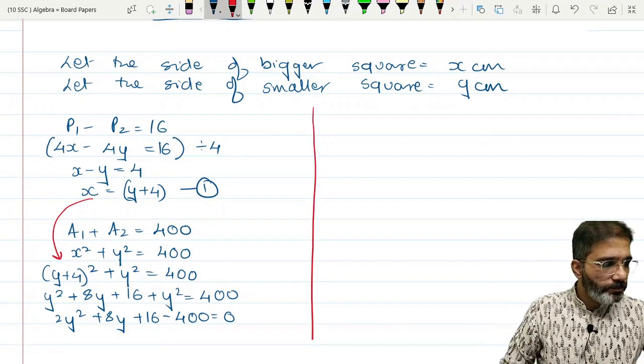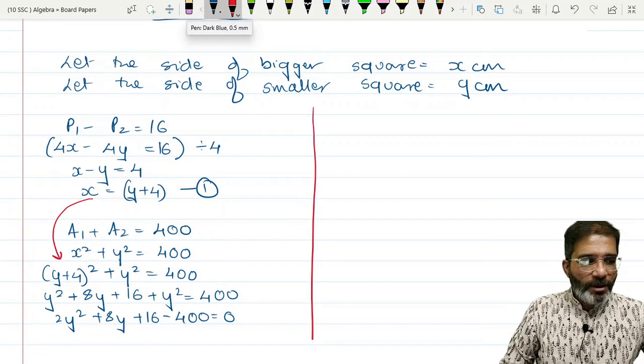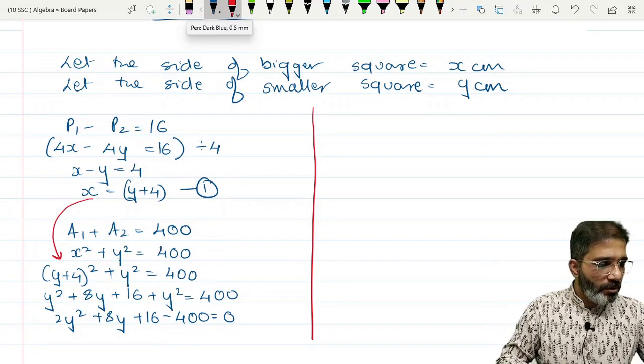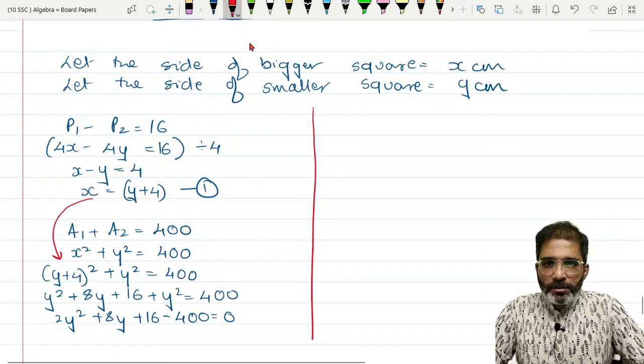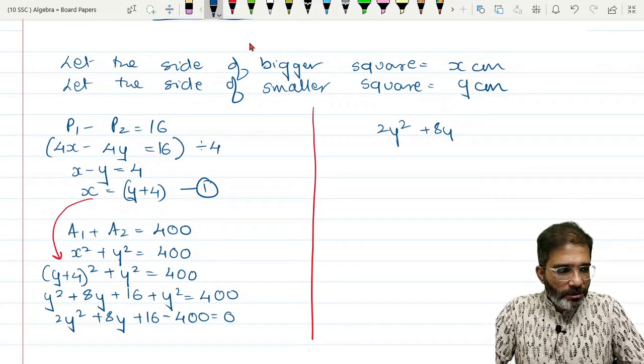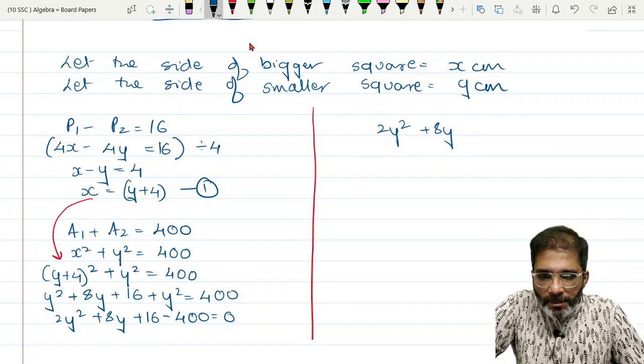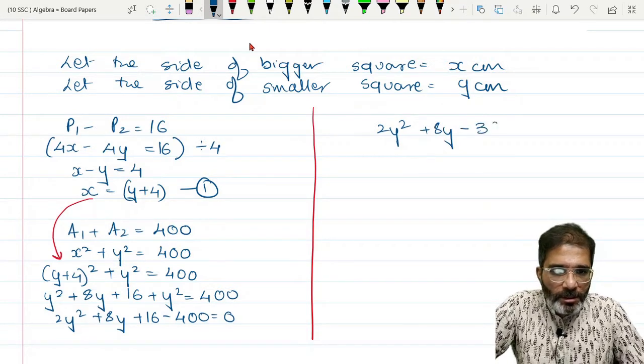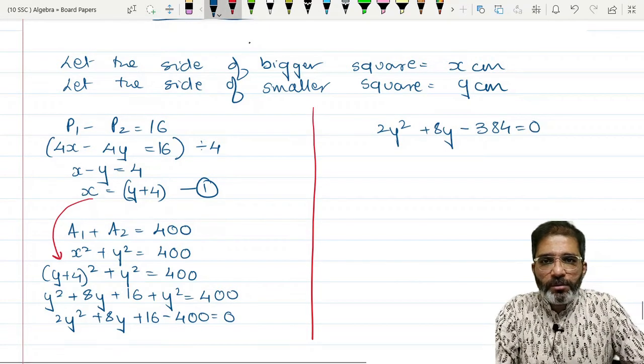Now we have a quadratic equation. So it is 2y square plus 8y minus 384 equal to 0.